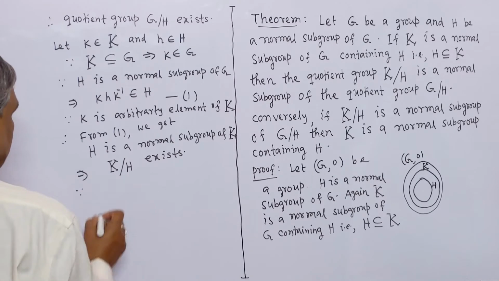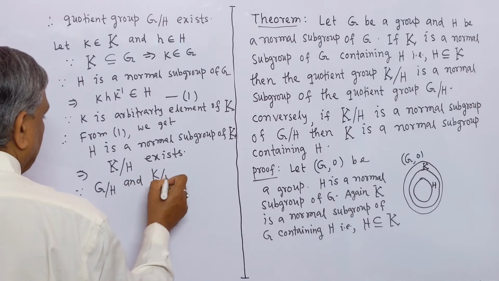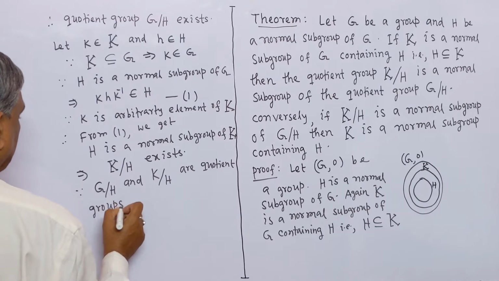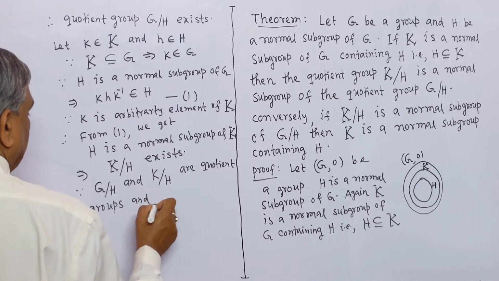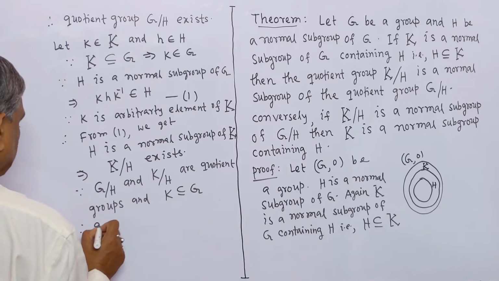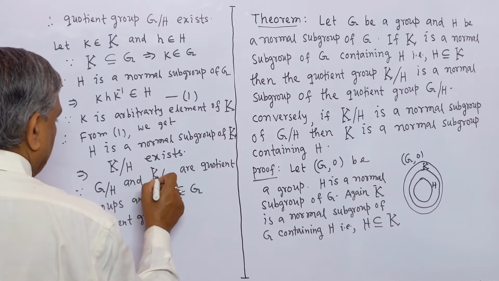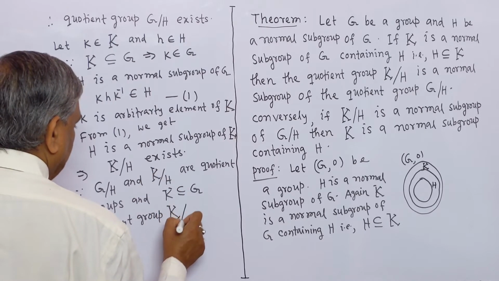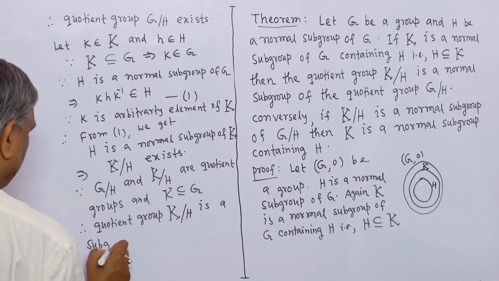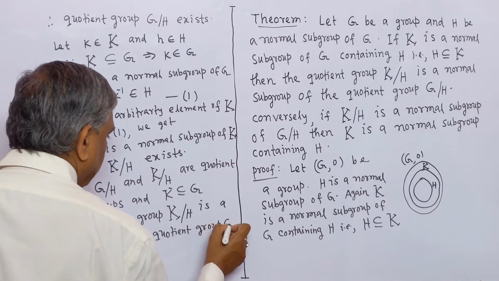Since G by H and K by H are quotient groups and K is a subset of G, therefore the quotient group K by H is a subgroup of the quotient group G by H.